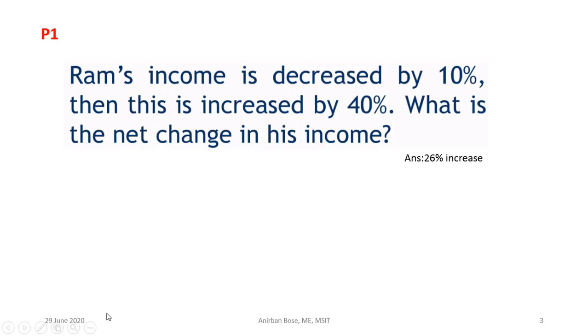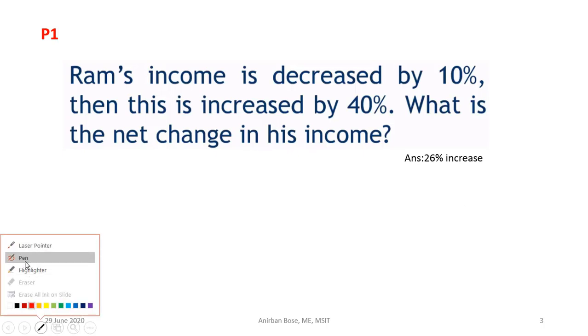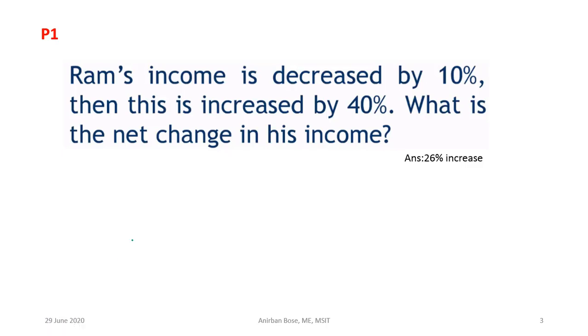Now let us start solving a few problems. Ram's income is decreased by 10%, then it is increased by 40%. What is the net change in his income? We simply apply the formula.